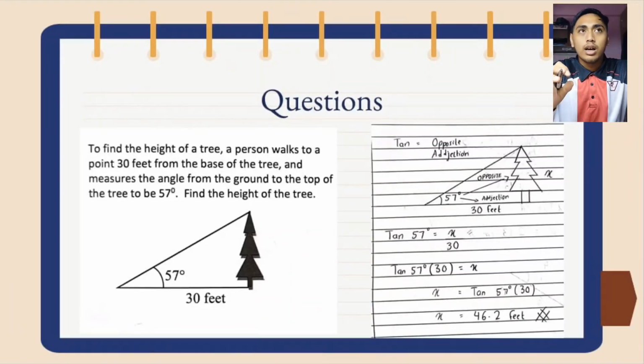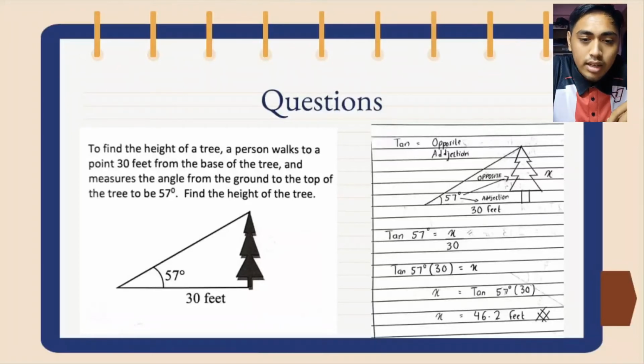Haikal explained earlier that sine equals opposite per hypotenuse, cos equals adjacent per hypotenuse, and tan equals opposite per adjacent. In this question they gave you the adjacent and want to find the opposite, so the formula that can be used is tan, which equals opposite per adjacent.